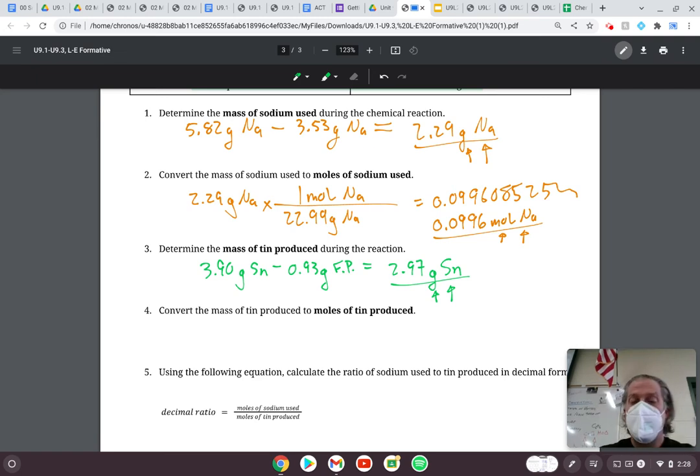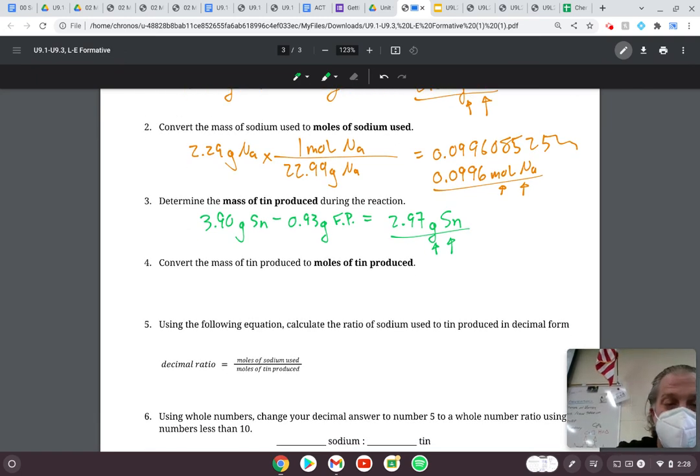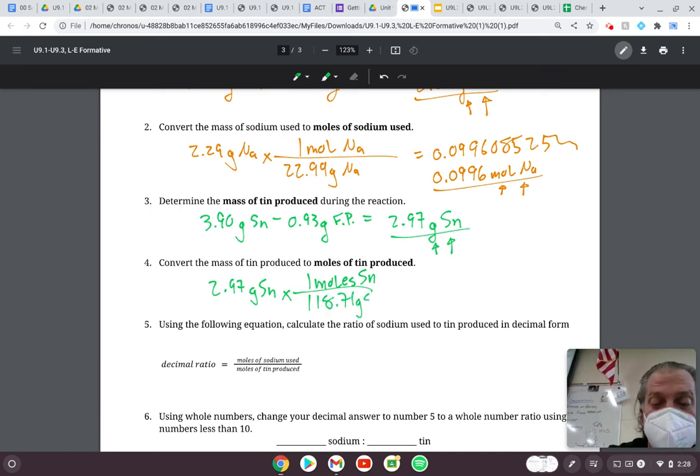Now we're going to do moles of tin produced. So we're going to do 2.97 grams of tin, converting it to moles of tin. According to the periodic table, the molar mass of tin is 118.71 grams of tin.